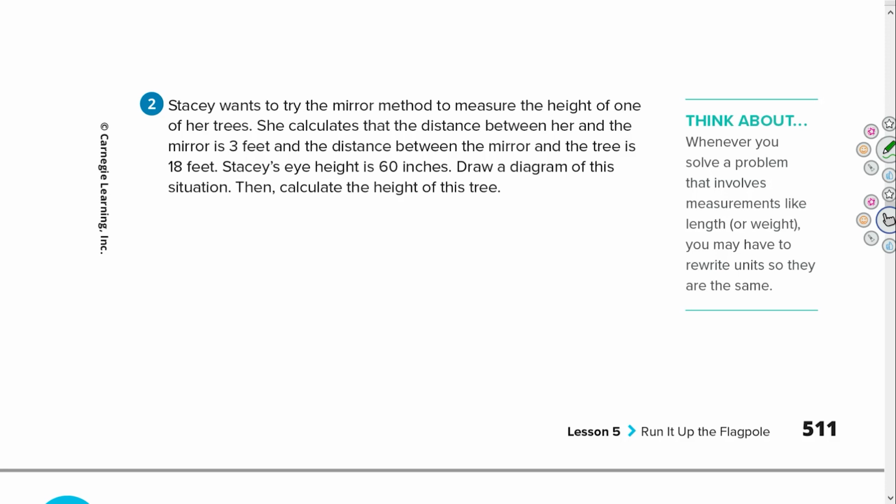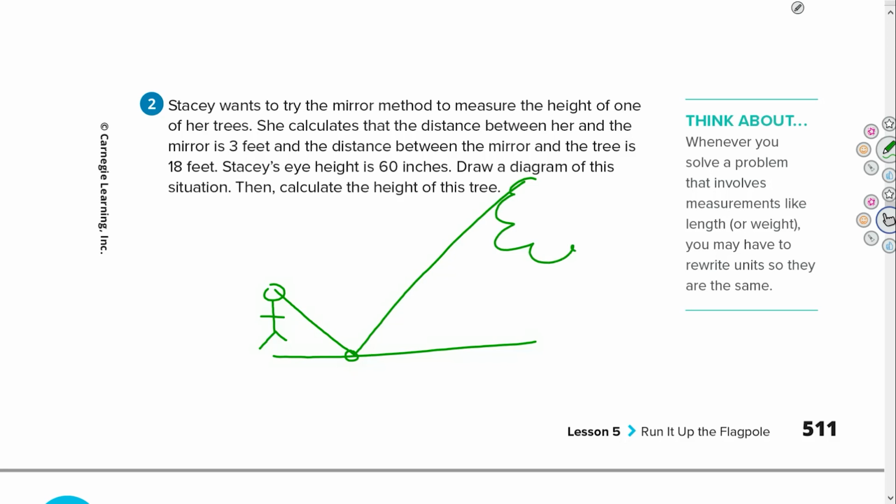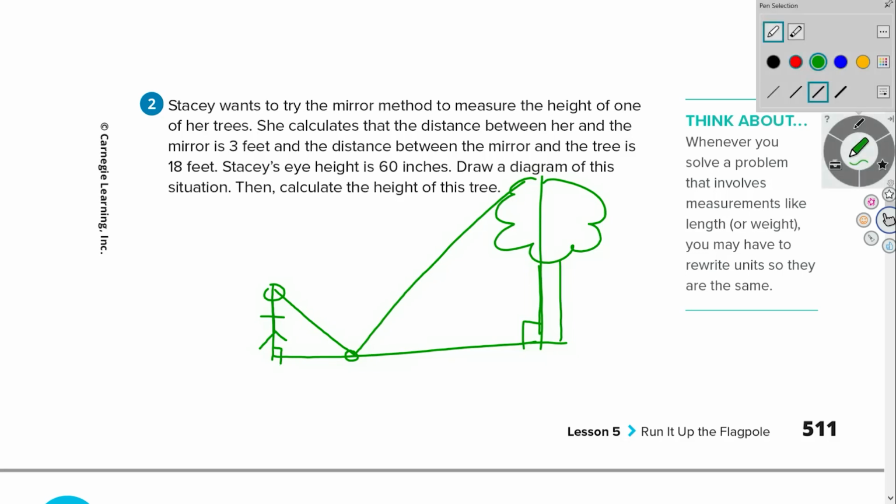Okay, here's Stacy. There's Stacy, and then there's the ground, and I'll just put the mirror here, and from her eyes to the mirror, to the top of the tree, and so here's my tree. All right, so I need some distances here. Measure perpendicular. The first thing given is 3 feet, which is the distance between her, meaning on the ground, and the mirror.